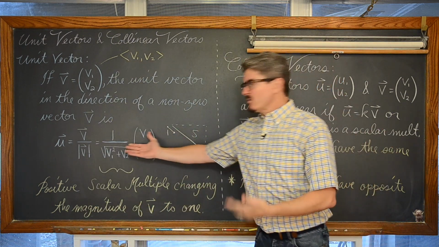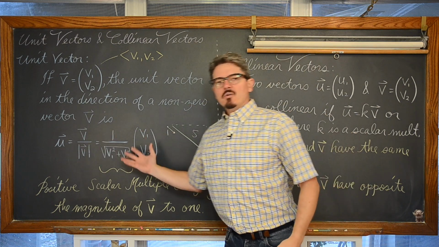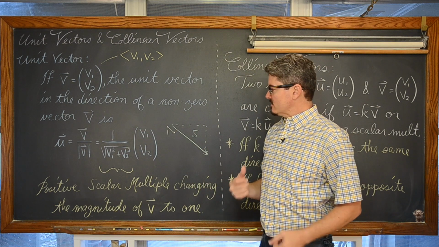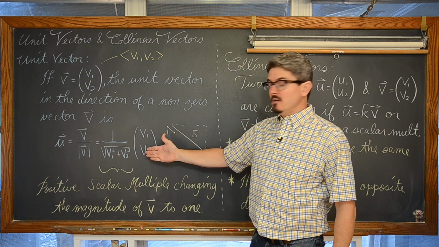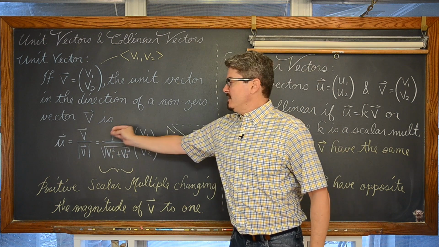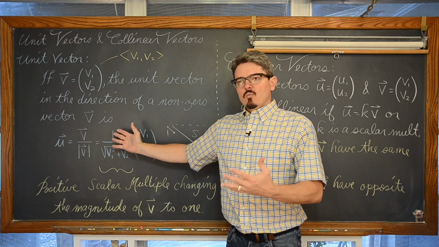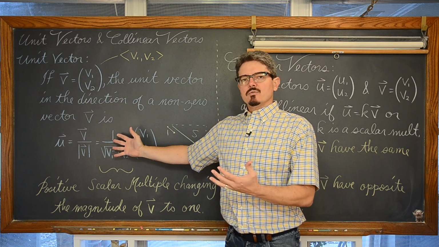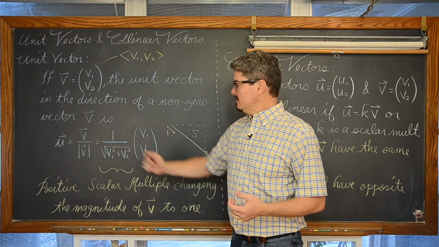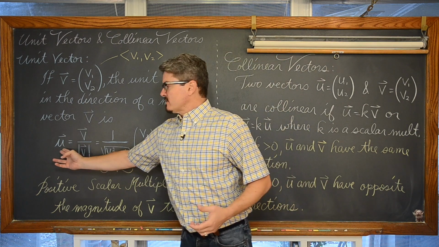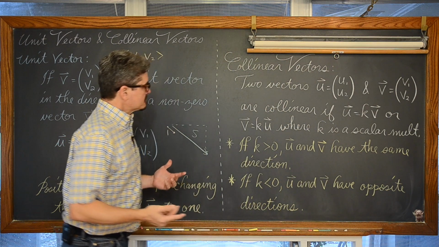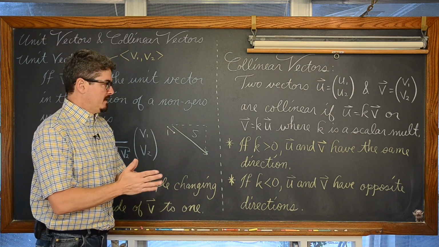Well, that's exactly what we're doing in our formula for creating a unit vector. We're just taking some vector v, multiplying it by some scalar multiple. This is giving us a way of creating another vector whose magnitude is 1, and you get another vector which is going in the same direction, and thus, collinear.